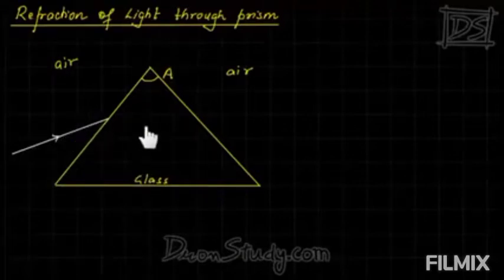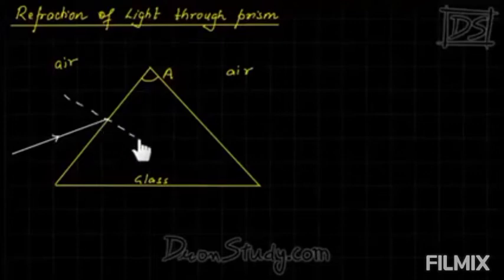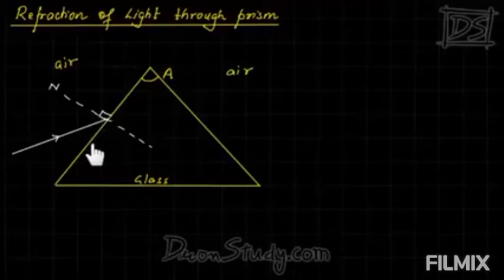So first of all, from the air medium, this ray must be bent towards the normal. So we want to draw the normal, the perpendicular line. We have drawn the normal. So the light ray should bend towards the normal when entering the denser medium.